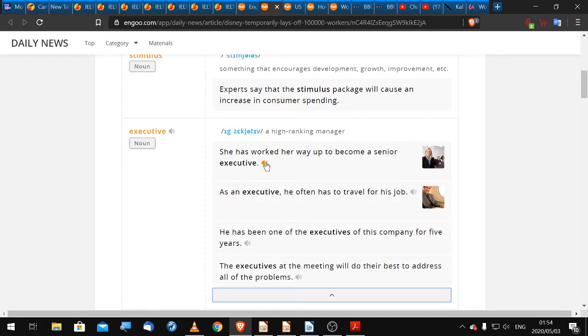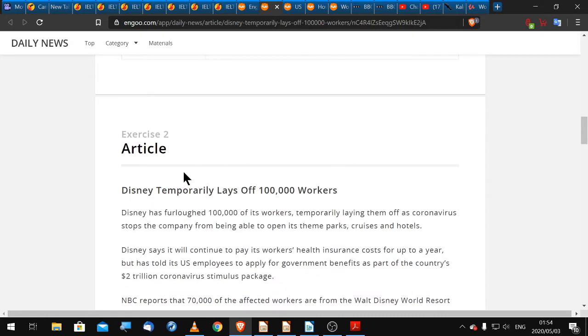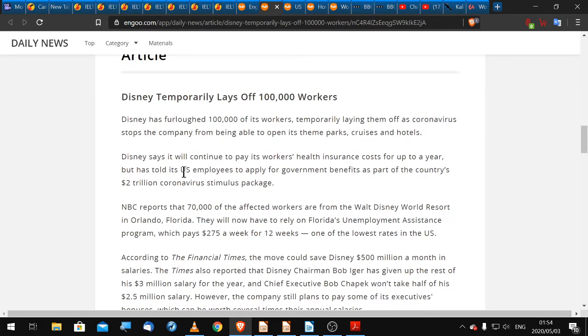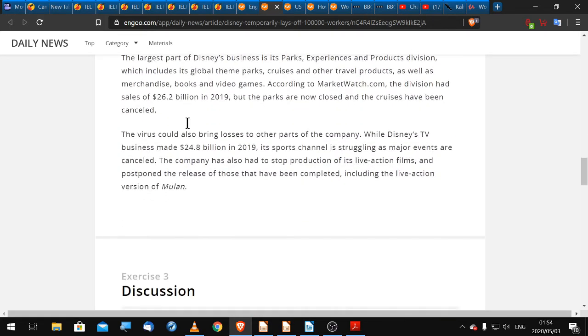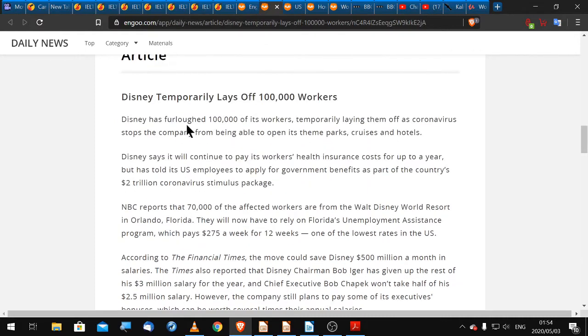They can also hear it audibly. So that is really great. And then after that, there's exercise 2, which is the short article. After having your student read the article, sometimes you may need to read it first.